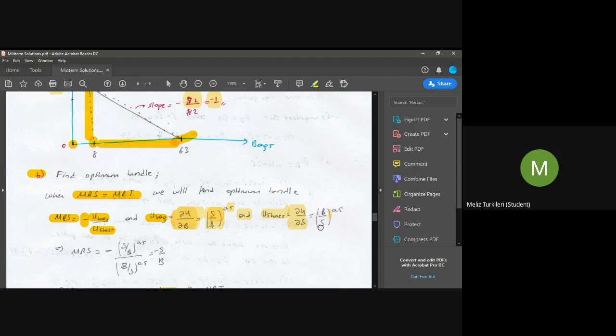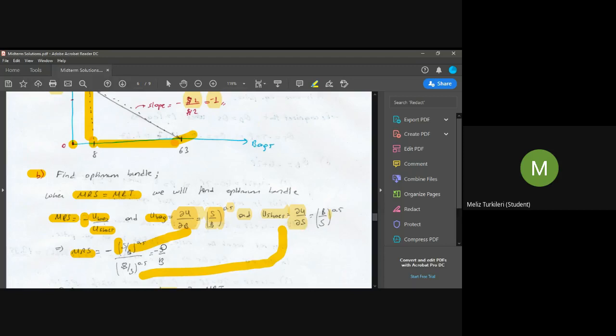How can we find the marginal rate of substitution? We know that the marginal rate of substitution is equal to the marginal utility of bags divided by the marginal utility of shoes. I found the marginal utility of bags from that part, and I know that the marginal utility of shoes is equal to this amount.